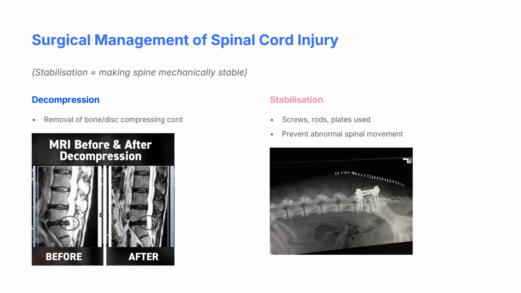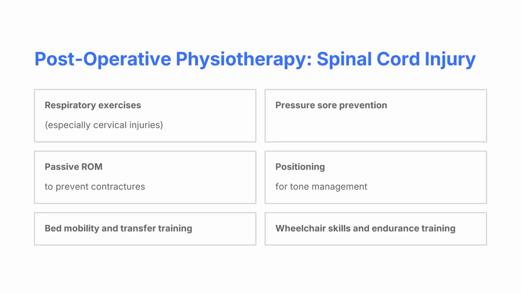And what happens after surgery? That is our role, the therapist's role. Let's see what the therapist will do. Post-operative physiotherapy will include respiratory exercises. We need to prevent respiratory complications. Pressure sore prevention is also needed, as the limbs will not be moving on their own. The patient might not have voluntary control.